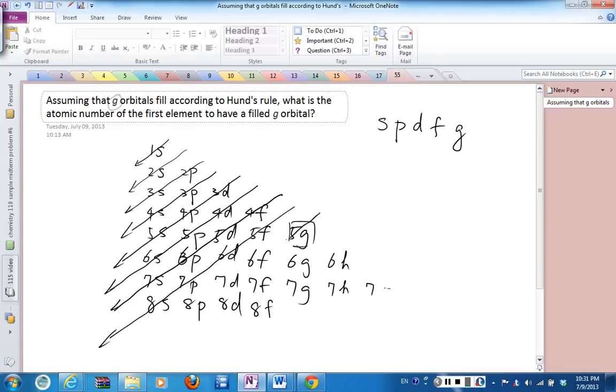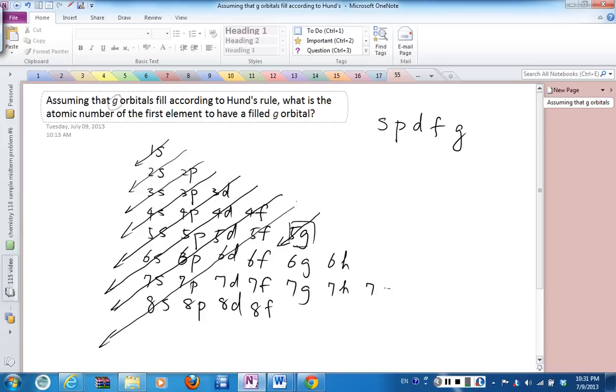And eventually we get to 5g. All the orbital designations crossed by the arrow are filled. All the ones not touched by the arrow would be empty. So once we get here, we would have the first element that has a filled g orbital.